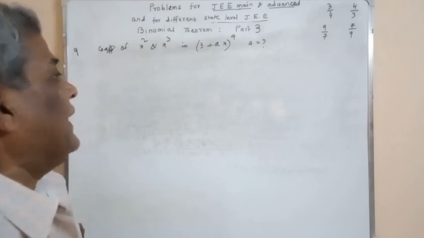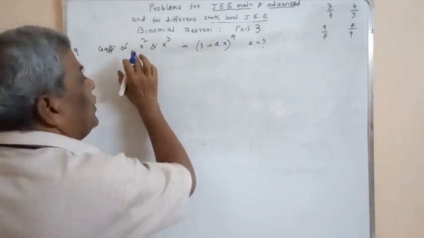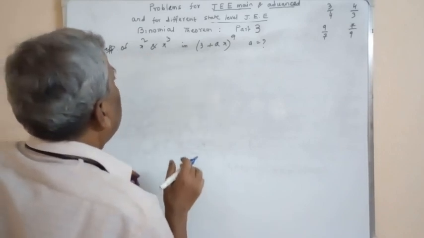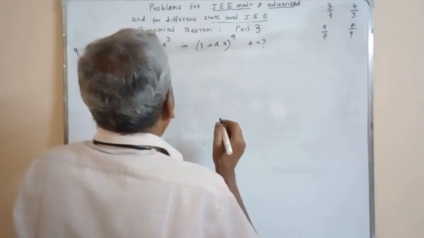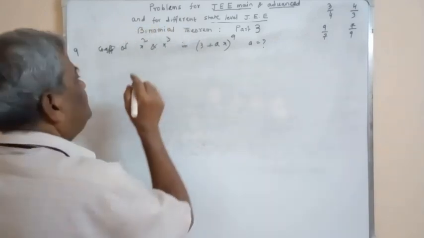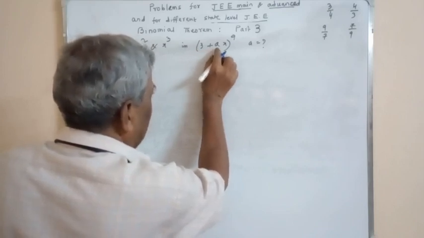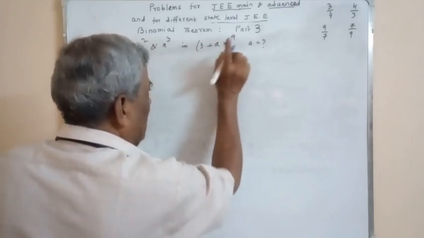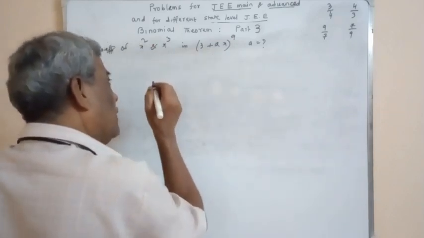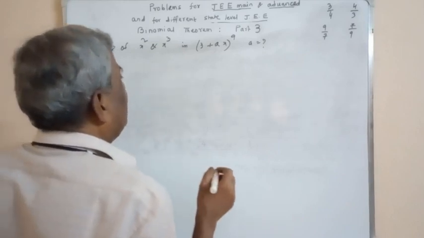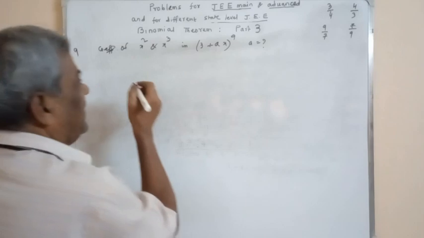In that case, to find a, the coefficient of x square, actually it is of the type a plus bx to the power n. So x to the power 2 I can obtain in the third term and x cube in the fourth term.